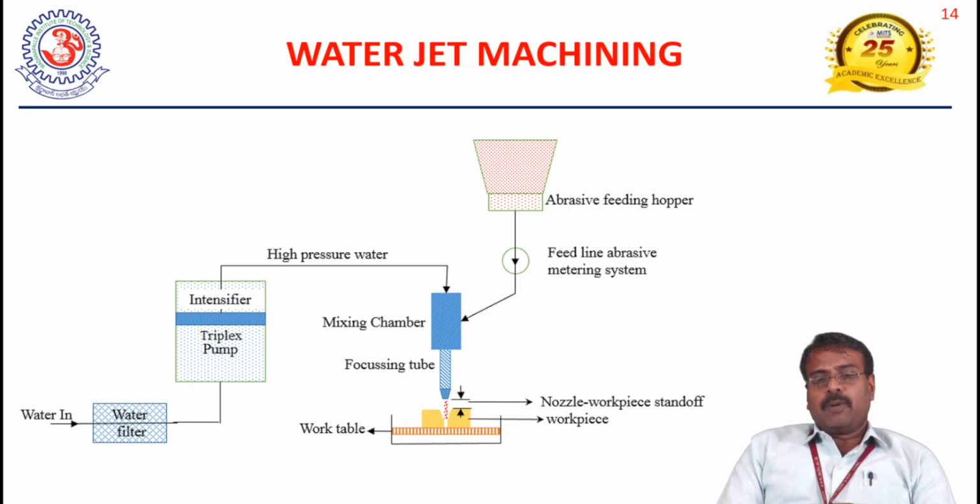If you are adding abrasives, a separate abrasive feeding hopper has to be kept, and from that hopper we supply the abrasives slowly into the mixing chamber. The high pressure water and the abrasives get mixed in the mixing chamber, and it directly goes and hits the surface of the material for the material removal process. So this is the working principle of abrasive water jet machining.